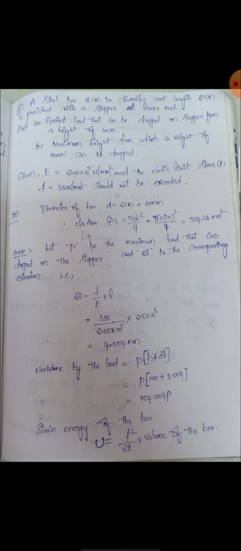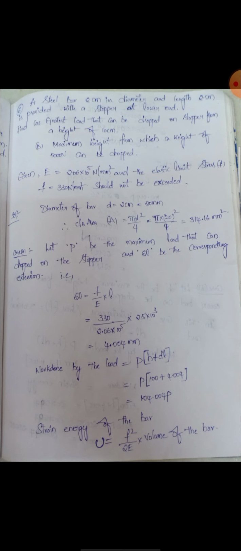Coming to the second one: the maximum height from which a weight of 5000 Newton can be dropped. When a 5000 Newton weight is dropped, what will be the maximum height? So that is the second condition.